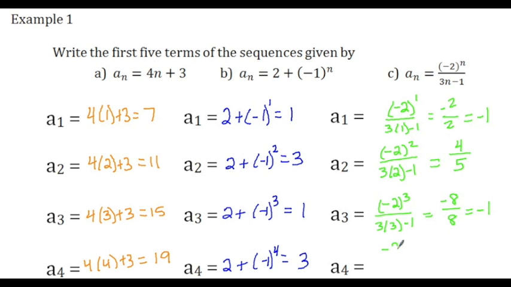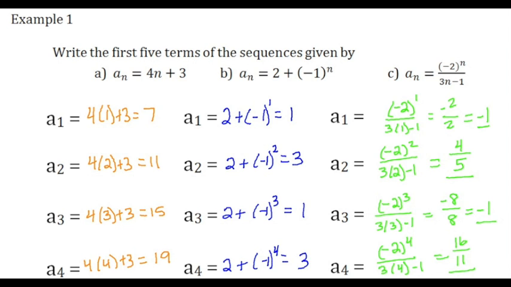And then we have a negative 2 to the fourth over 3 times 4 minus 1. This number up here on top would be 16, and 12 minus 1 is 11. So there's my pattern there: negative 1, 4 fifths, negative 1, 16 elevenths. So you see some of the patterns are easy, just add 4, or alternate 1, 3, 1, 3, but this pattern over here doesn't look to be much of a pattern.